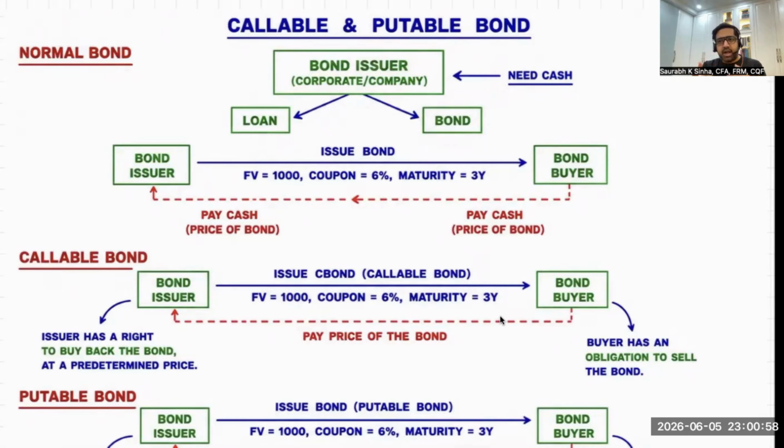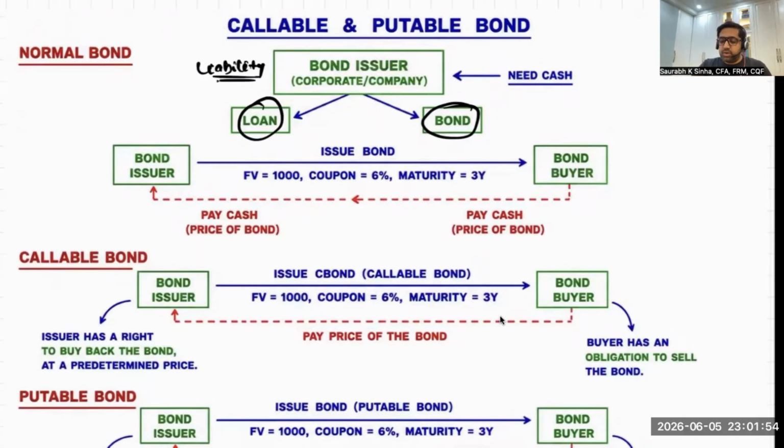They can go to a bank or an organization to have a loan, or they can directly issue the bond. So bond and loan are of similar category, because that will lead to a liability on the organization. So a loan is a liability. Similarly, a bond is a liability to the organization.